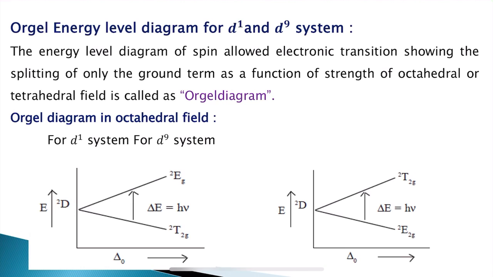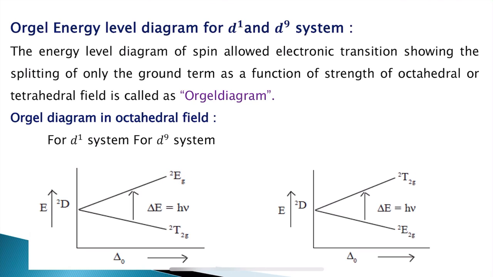So, 2D is the only energy term which is there for D1 or D9 system. Here also 2D is the only one energy term. Here you see the two different energy states, one is 2T2g and another one is 2Eg.